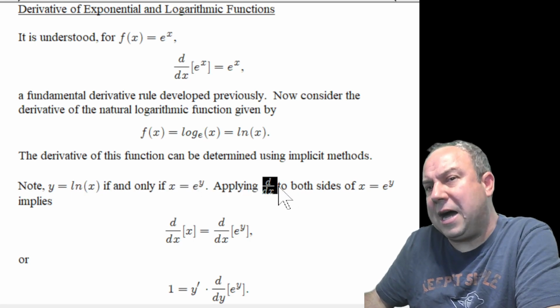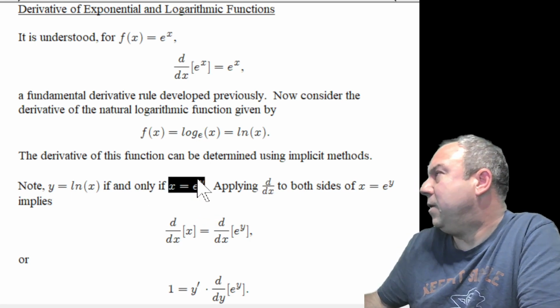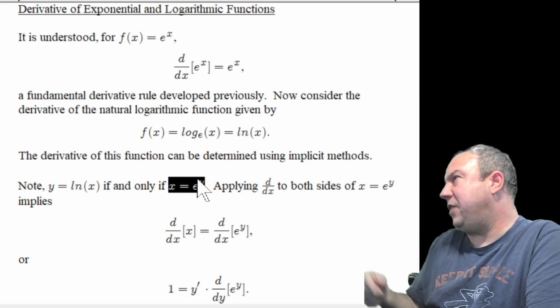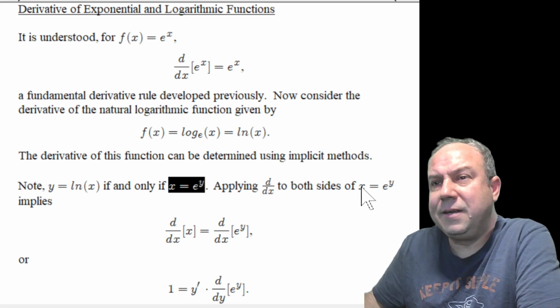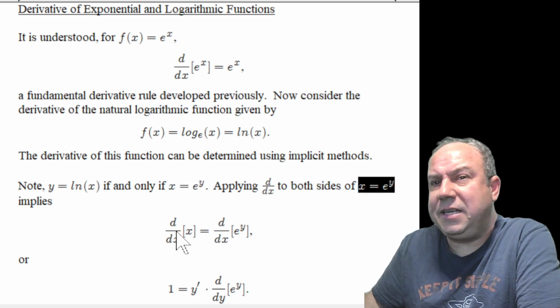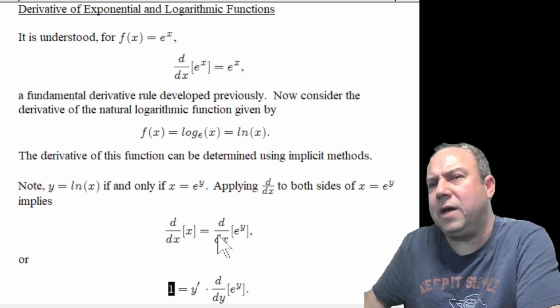Now, if we apply d dx to both sides of this result, that implication from the if and only if for y equals the ln of x, applying it to both sides of x equals e to the y, on the left we can see that it yields the value of 1.